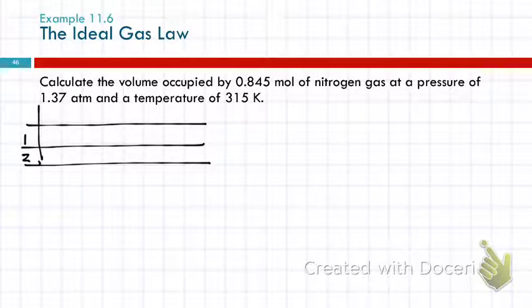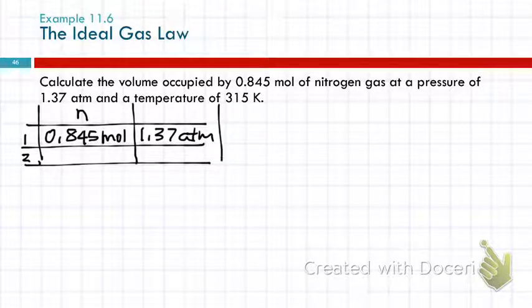So the first number is 0.845 moles. That's the amount of gas in moles, and so that's n. Next one is 1.37 atmospheres. So that's the pressure.